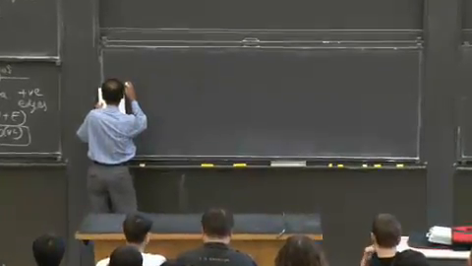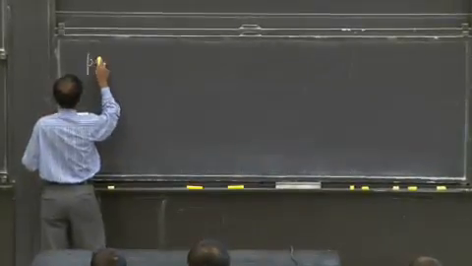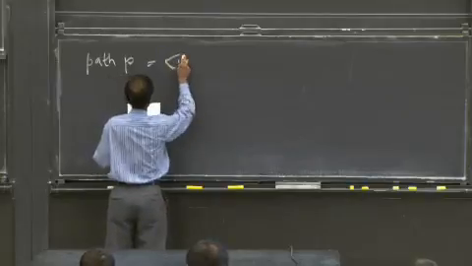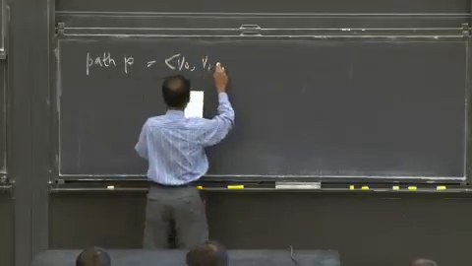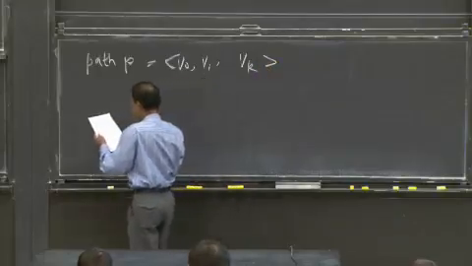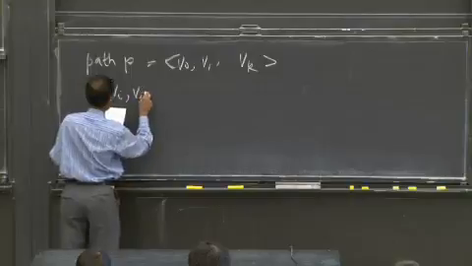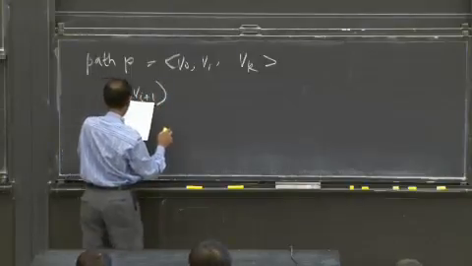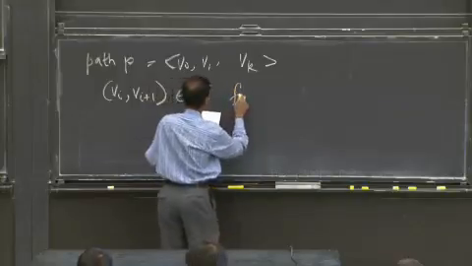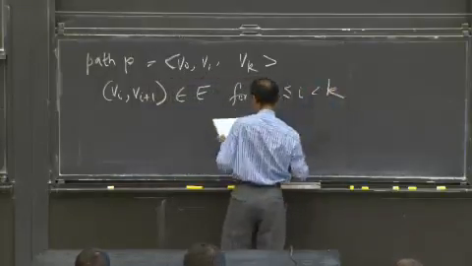And you can think of a path P as a sequence of vertices, V0, V1, etc., to Vk. And this is a path if (Vi, Vi+1) belongs to E for 0 less than or equal to i less than or equal to k minus 1. Right?